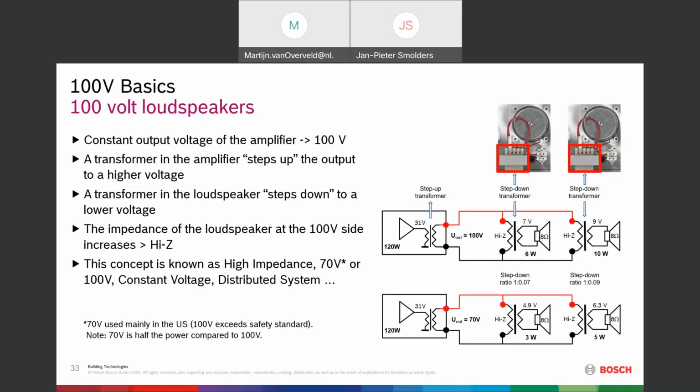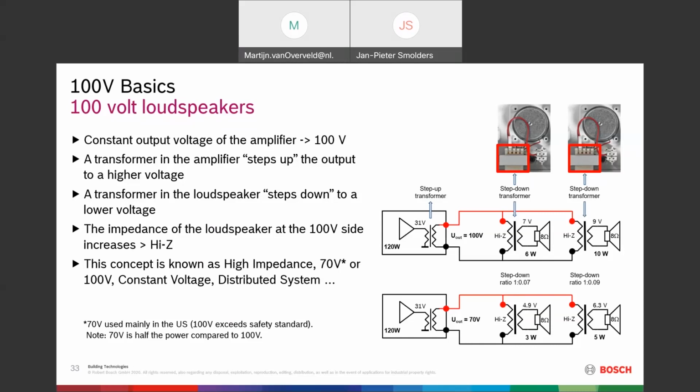So if you have an amplifier with, for instance, an emergency signal on the output, so at full power, then 100 volts can be really harmful. So be careful. Working on 100 volt systems is not without danger.